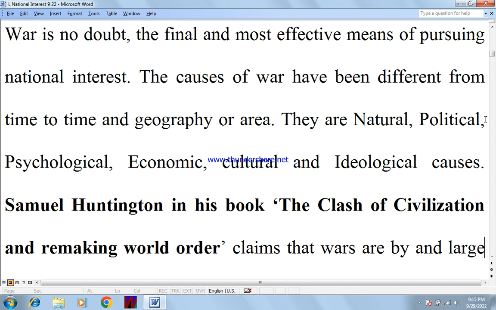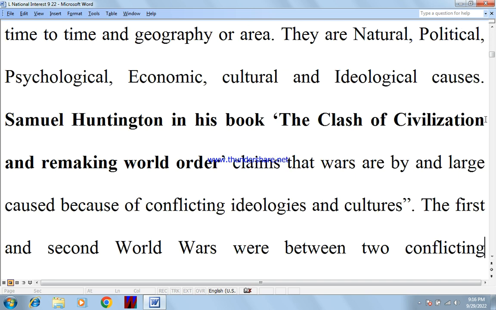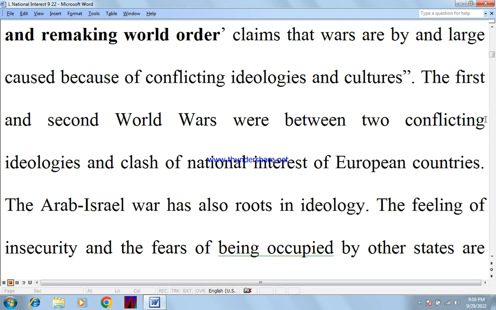The causes of war have been different from time to time and in geography or area. They are natural, political, psychological, economic, cultural, and ideological causes. Samuel Huntington, in his book The Clash of Civilizations and the Remaking of World Order, claims that wars are by and large caused because of conflicting ideologies and cultures.